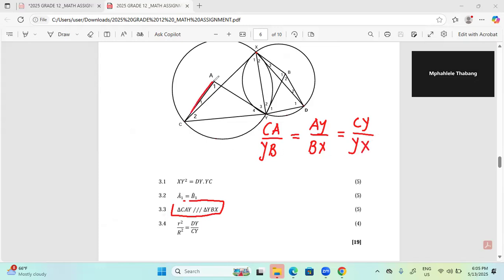CA might be very useful, YB might be very useful. CA and YB, I'm tempted to pick these. And then AY, BX.